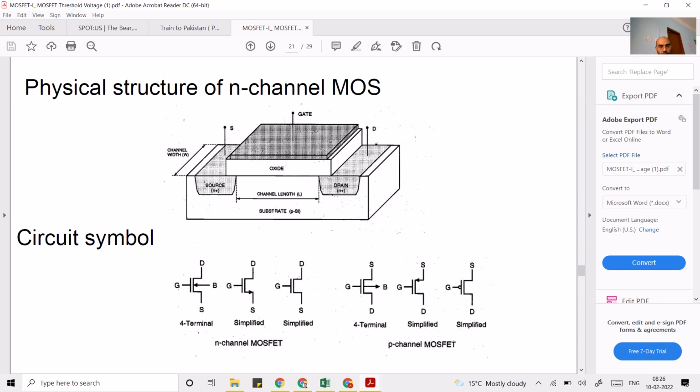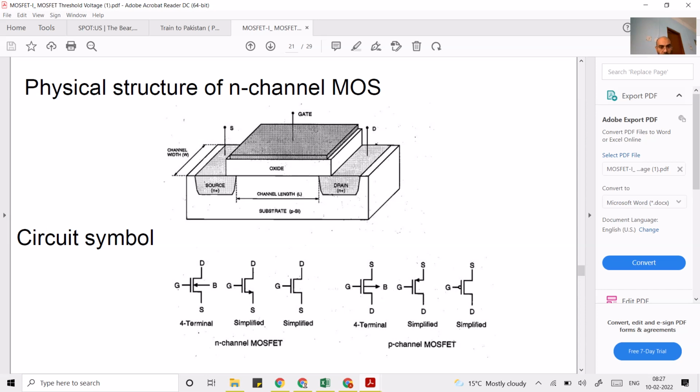In the top diagram, you can see the gate, source and drain. If it is an NMOS, then the source and drain regions will be N, whereas if it is a PMOS, then the source and drain regions will be P, and the substrate will be exactly opposite.